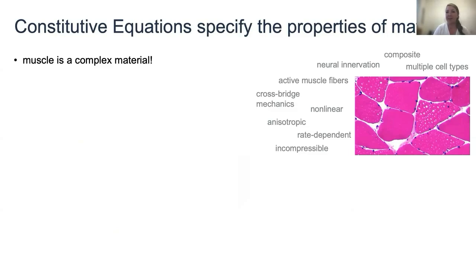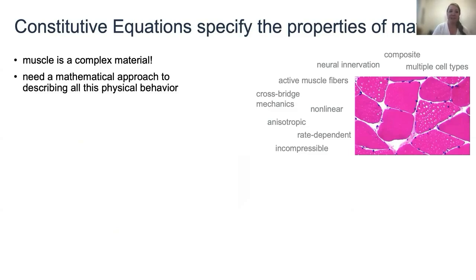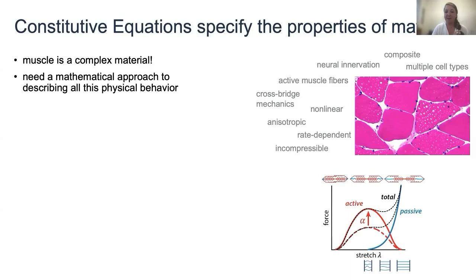And so when we want to define this within our simulation framework, we need a mathematical approach that can describe all of this physical behavior. In part, we're familiar with this force length or force stretch relationship, right? That can represent both active and passive constitutive properties of our muscle.